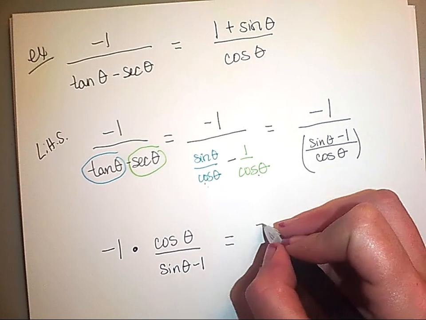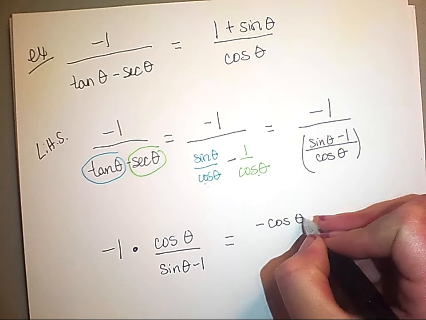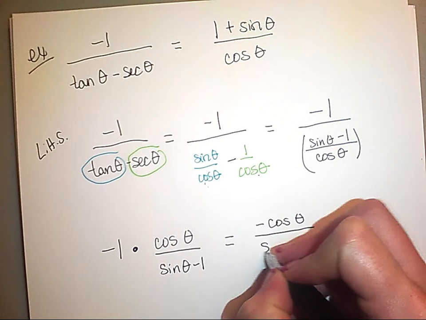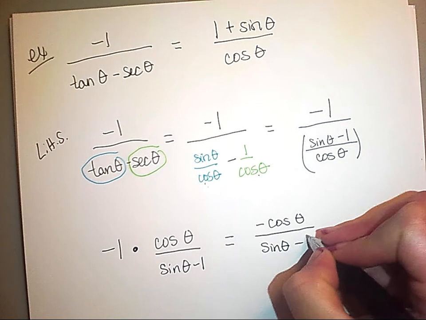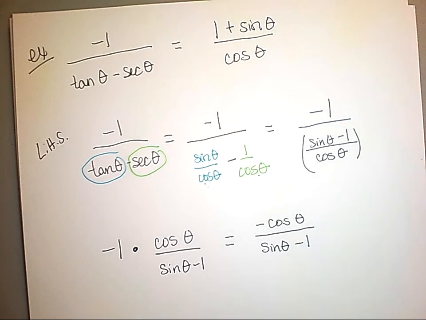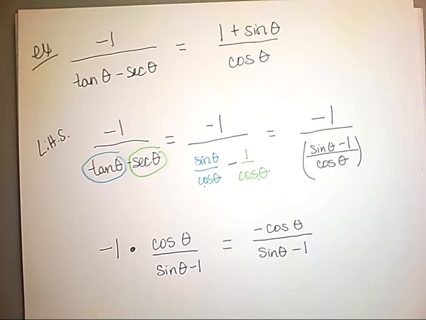So what will we have? A negative cosine of theta up top over the sine of theta minus 1. Okay, so now we're kind of in a conundrum.